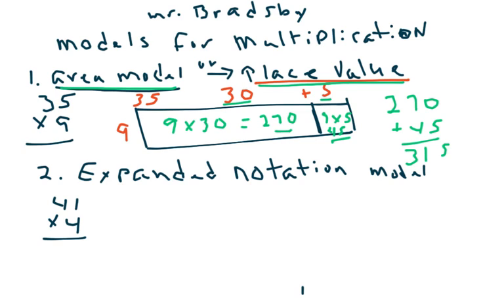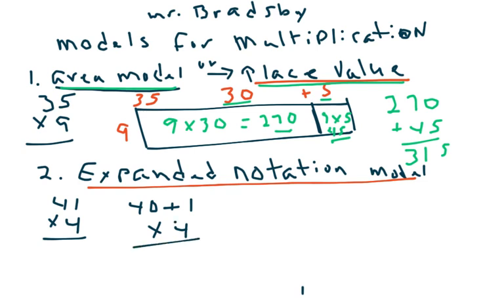Another model, which we've used quite a bit, is called the expanded notation model. This is where we give the expanded notation for 41. That's 40 plus 1, expanded out. We know that 40 plus 1 is 41, times the 4.